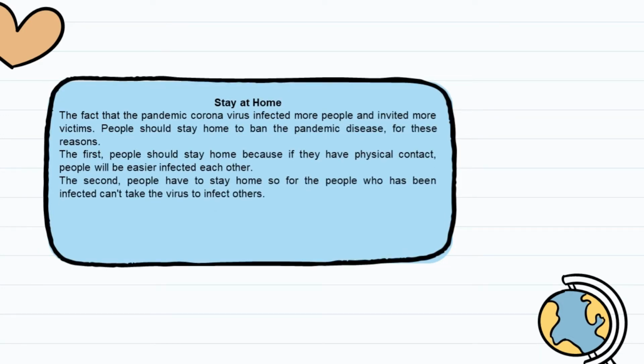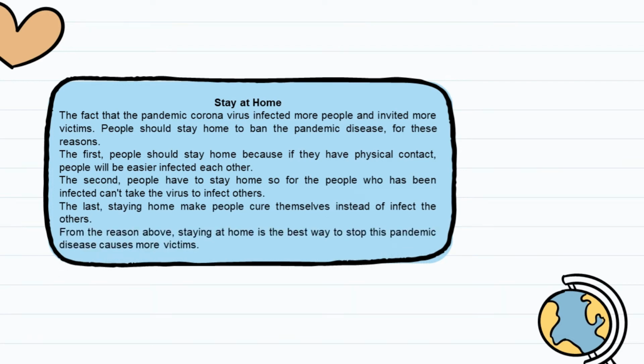Okay, let's practice. Let's see this text, Stay at home. You can read it. And then, can you guess which one is the thesis, which one is the arguments, and which one is the statement? Yeah, you're right.